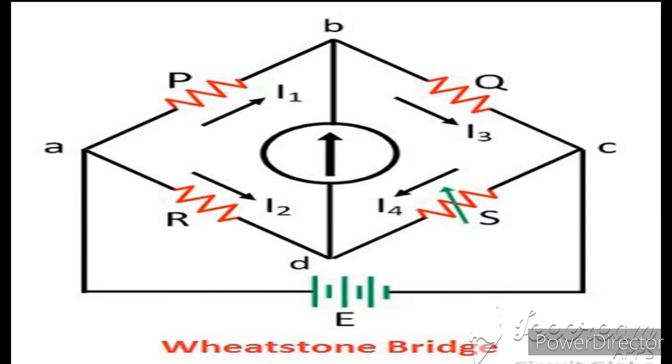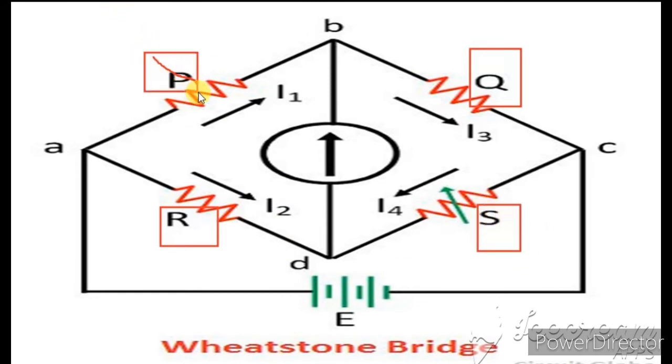The resistances we are considering here are P, Q, R and S. These four resistances are connected in series. Okay. And that is also connected to a battery. That battery is between the places A and C.